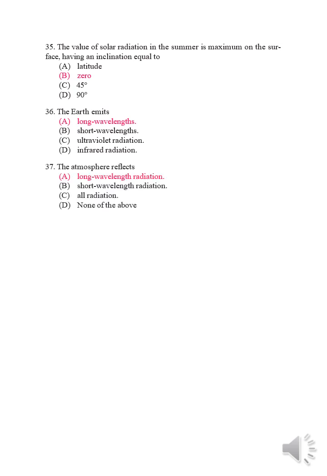The value of solar radiation in summer is maximum on the surface with inclination equal to 0. The Earth emits longer wavelength. Atmosphere reflects longer wavelength radiation. The sunshine hour at equator is 12 hours.